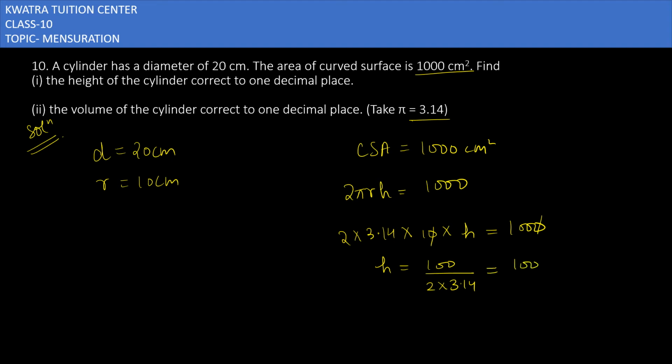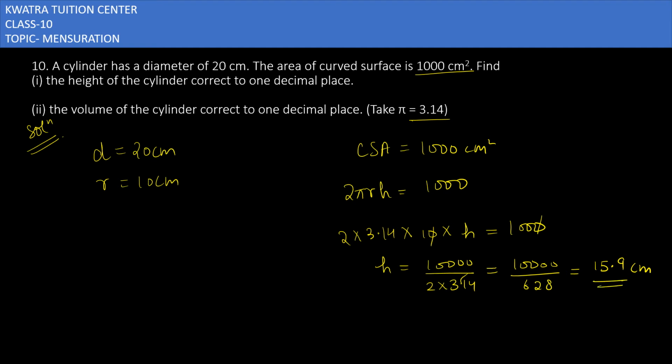So it will be, removing 2 decimals, 10,000 divided by 6.28. Yeah, 6.28. So now you will get the answer as 15.9 centimeter. This is the height, and you have to correct to 1 decimal place.